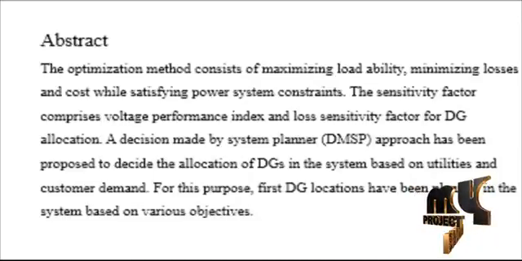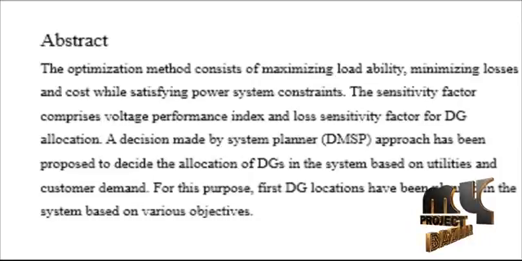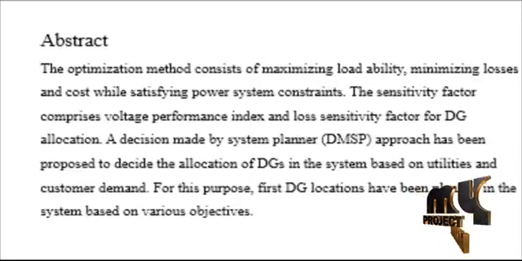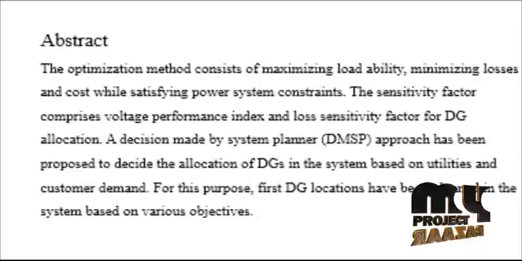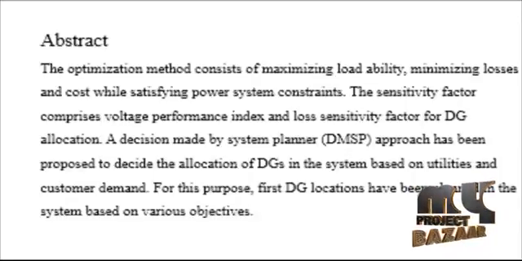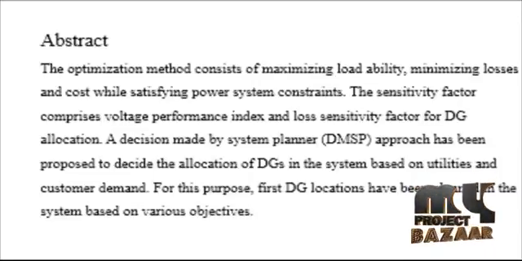A decision-making approach for system planners has been proposed to decide the allocations of DG in the system based on utilities' and customers' demand. For this purpose, first DG allocation has been planned in the system based on various objectives. Then a suitable objective has been deduced from the utility and customer necessities by DMSP.